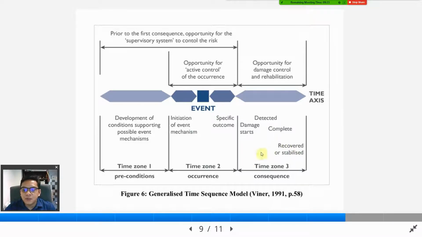And then you go to time zone 3, the consequences. So this is what the organization does, what the other organizations do, to help with what's going on, to minimize the damage. If it's fire, the fire might spread after many days. So what do people do there to contain the fire from spreading? In some of the disasters, the fire happens for days.